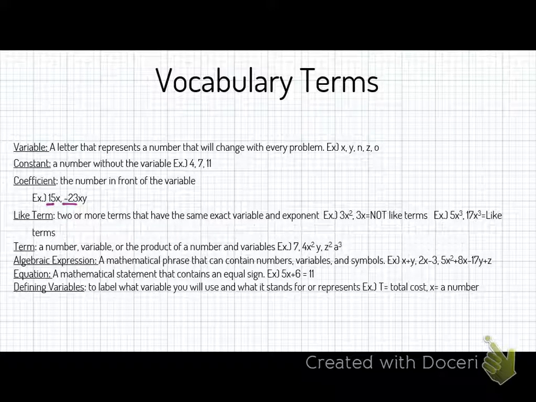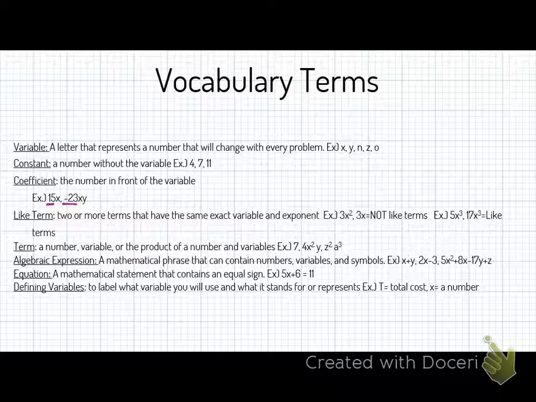Like terms are two or more things that have the same exact exponent. Okay, term is just a term. It could be anything that's in a math equation or expression that's not the operation. It represents a value. Algebraic expression is a mathematical phrase that contains numbers, variables, and symbols.